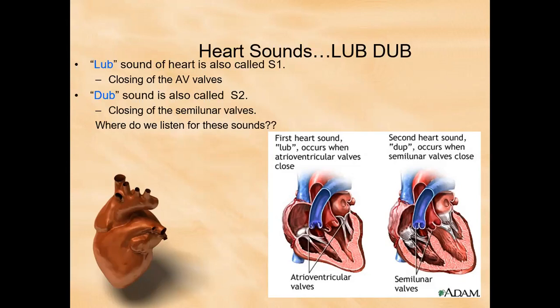Now, if you hear something called a heart murmur, we're going to talk about that in a little bit as well. A heart murmur simply says the flow of blood is off. Something is happening, and then we've got to figure out what. Maybe the valves are not closing properly, which is one of the most common things to happen.